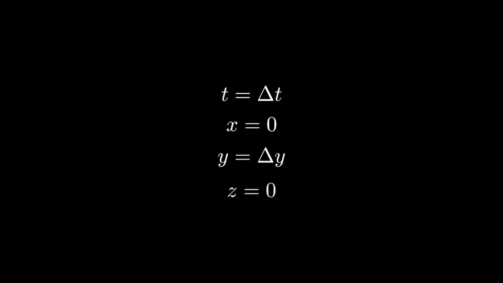Here, x, y, and z are the spatial coordinates that S1 is using to describe the origin of system S2 at t equals delta t. In contrast, from the perspective of system S2, the origin of system S2 is described by x prime equals 0, y prime equals 0, and z prime equals 0. At this point, we don't concern ourselves with what t prime is equal to.